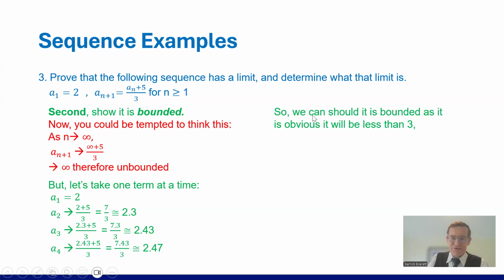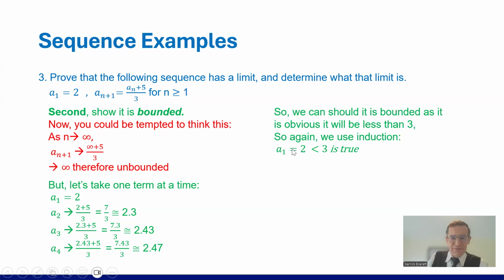We can see it is bounded. That's obvious. It will be less than 3. That should be a k there. Apologies for that. So again, we'll use induction. a_1 equals 2, which is less than 3. That's pretty obvious. What we're seeing is this number here is just not going to reach 3. There's no chance it's going to reach 3.